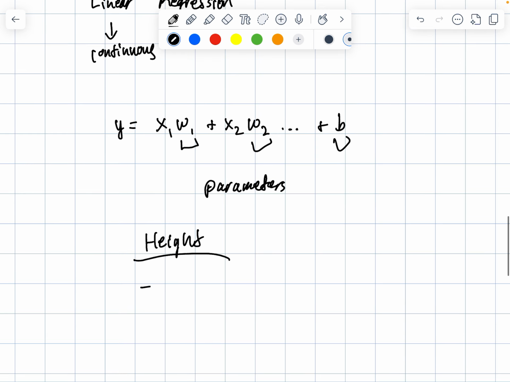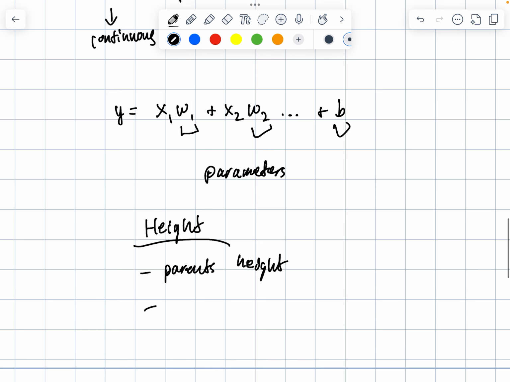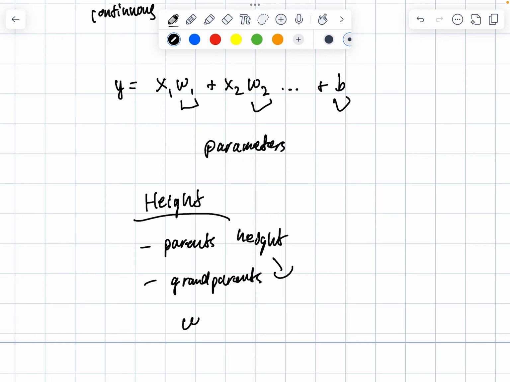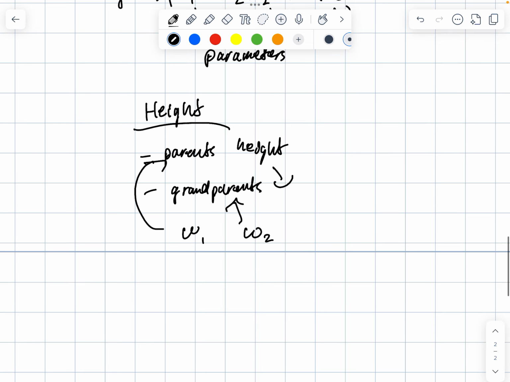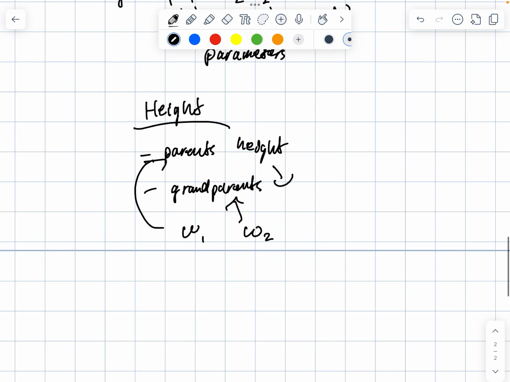Well, it could be your parents' height, maybe your grandparents' height. Let's just say that for now. So that means we have two parameters, w1 and w2, each representing either grandparents' or parents' height, right?